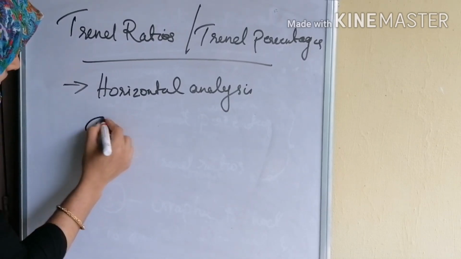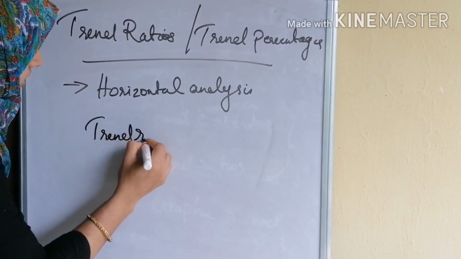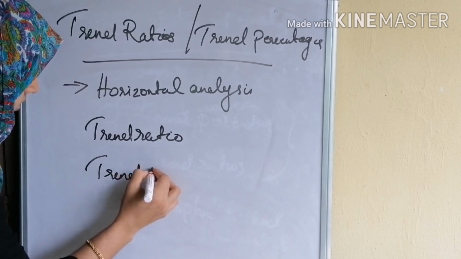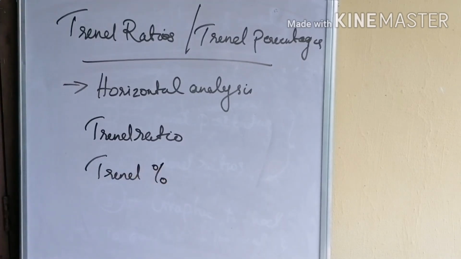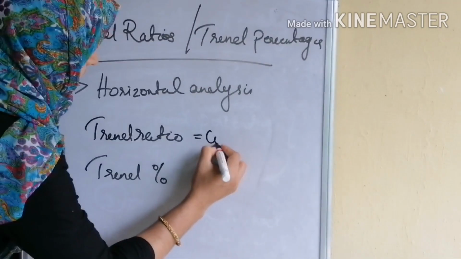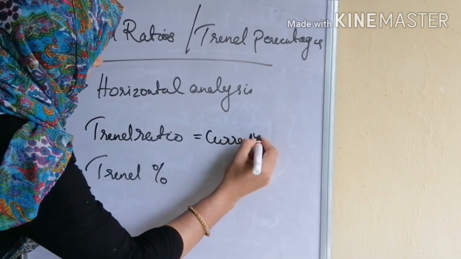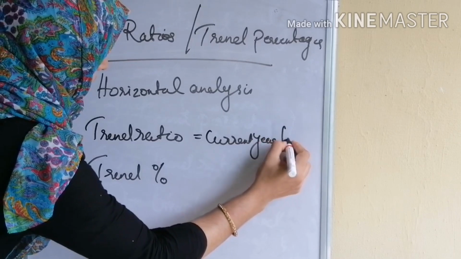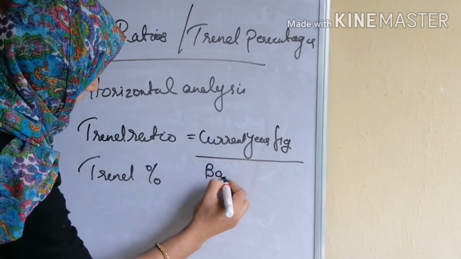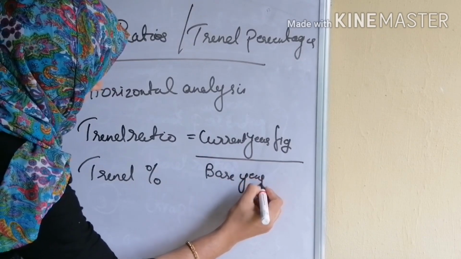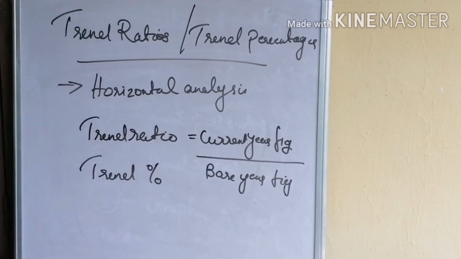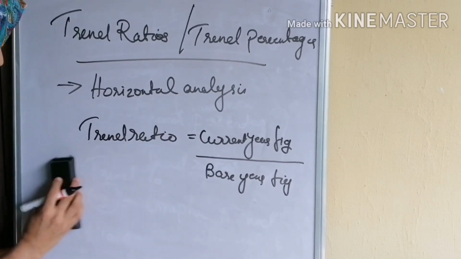Look, the equation for trend ratio and also trend percentage. Trend ratio equals current year figure divided by base year figure. That is trend ratio. And next, trend percentage.